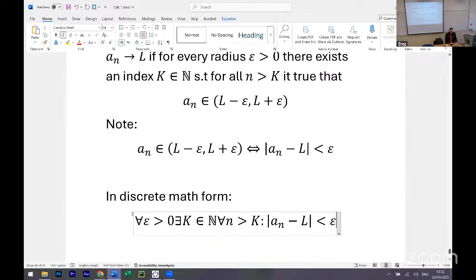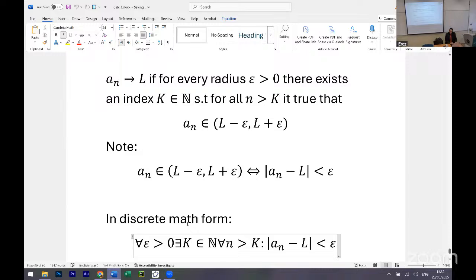So it's the very same definition, just written in logic terms, which we learn in discrete mathematics. In logic, that's the definition of a limit.